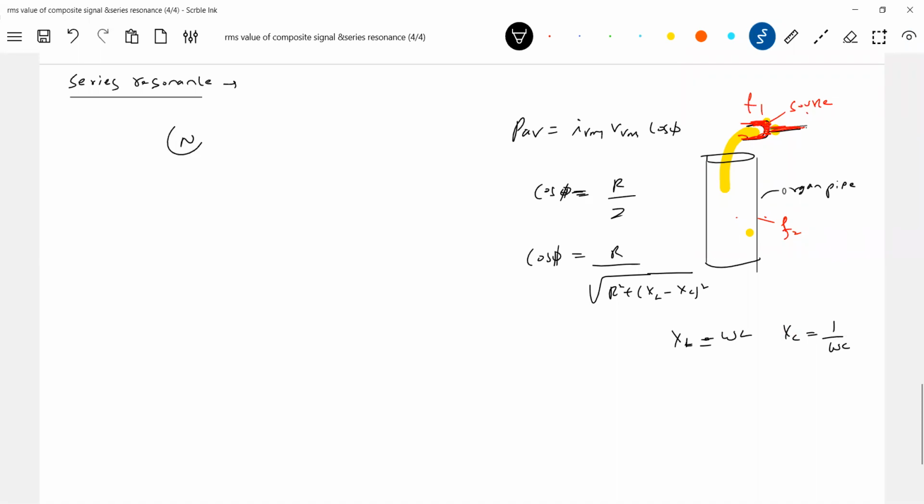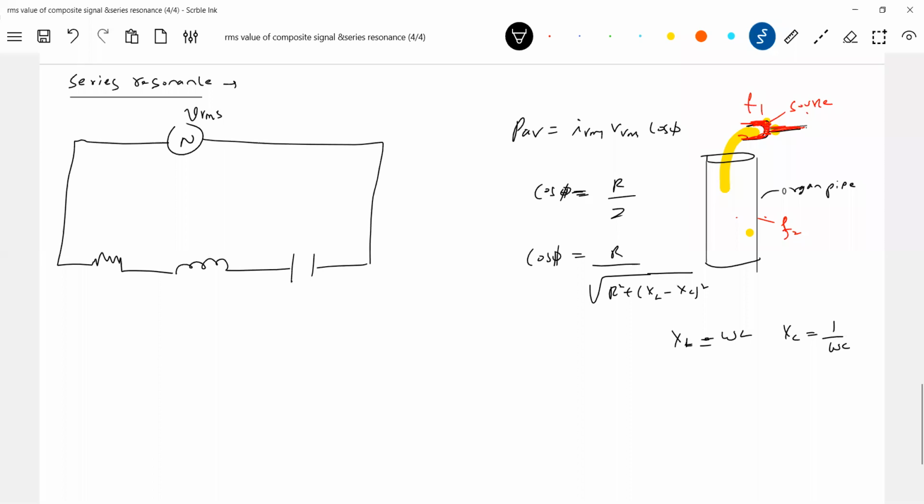Now, this is a source, VRMS. Here, let me take the components: a resistor, an inductor, and let this be a capacitor, R, L, and C. The current flowing, let it be IRMS.